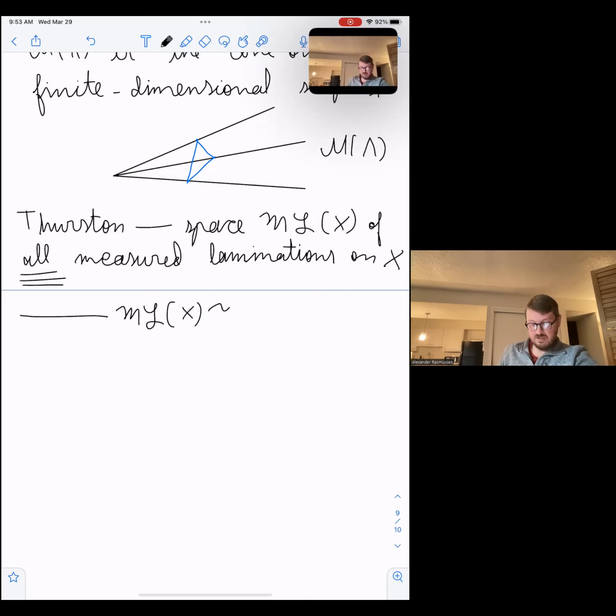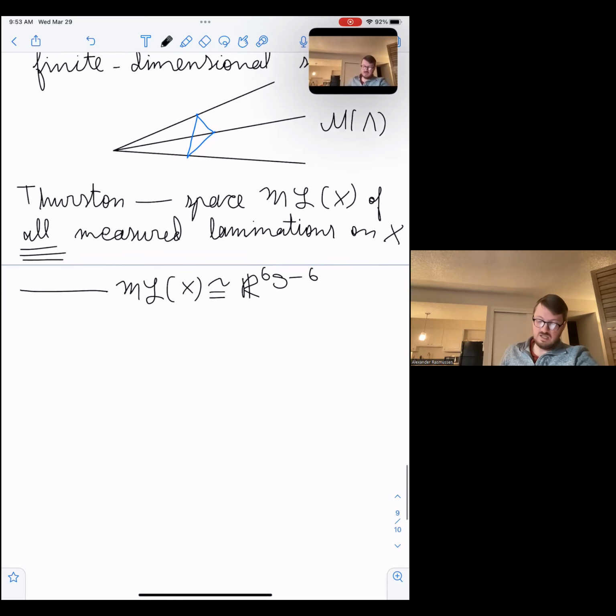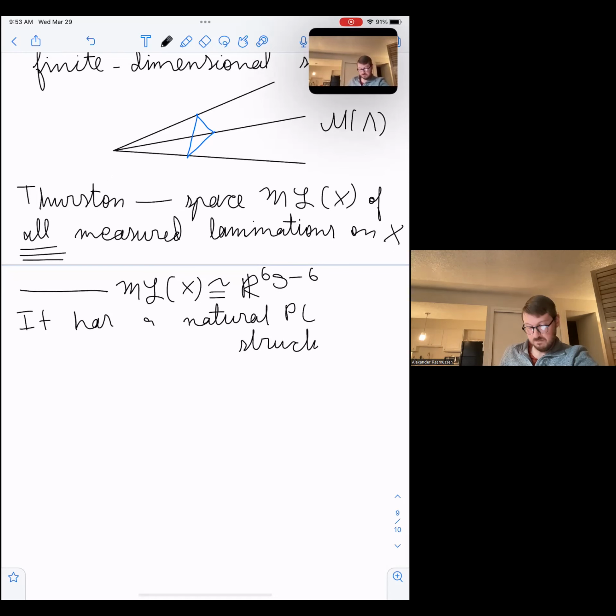So ML of X is just homeomorphic to a Euclidean space, dimension 6G minus 6, where G is the genus, and it has a natural piecewise linear structure. Okay, great. So these spaces of laminations turn out to be very simple in the closed surface case.